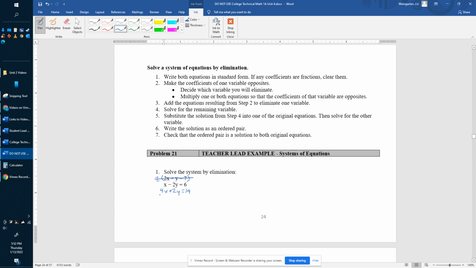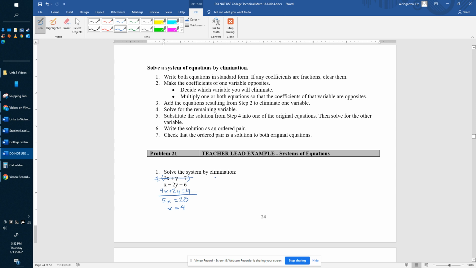So we're just going to add these two equations together. We get 5x, the y's cancel out, equals 20. Divide both sides by 5 and we get x equals 4. We can stick 4 into either one of these equations. I'm going to stick it into the top one, just because y is already by itself.